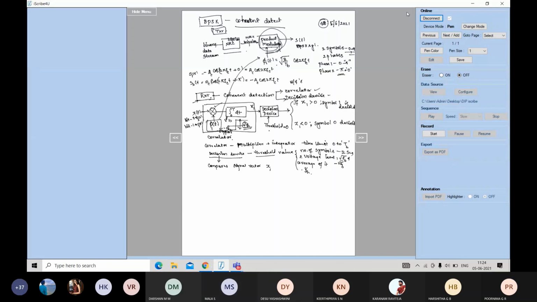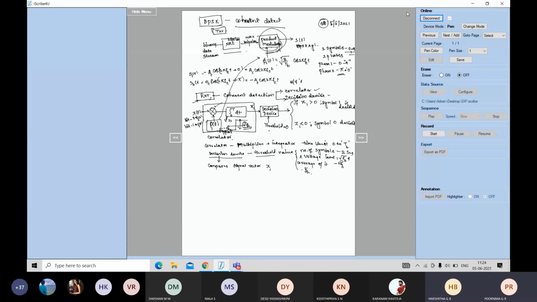It gives threshold values. Who can give me the correct answer?